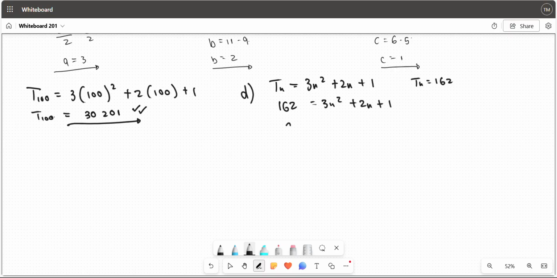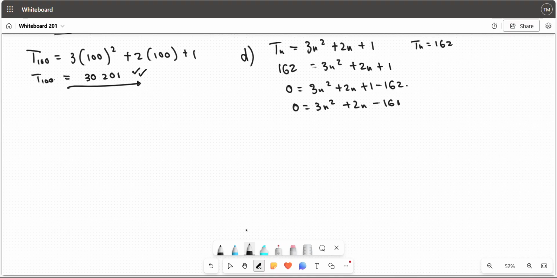The 162 will go to the other side and subtract: 3n squared plus 2n plus the 1 minus the 162. And in this case, 3n squared plus 2n, and if you subtract that, that is 161. So that is a quadratic equation that we need to solve.